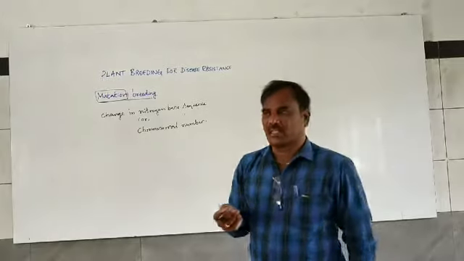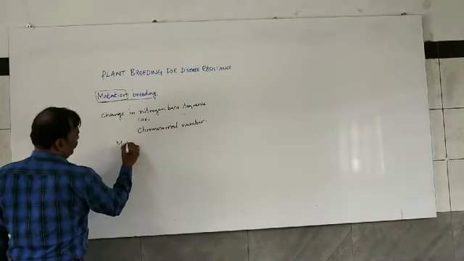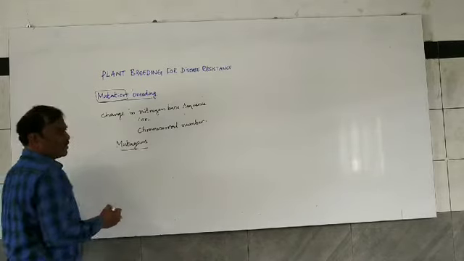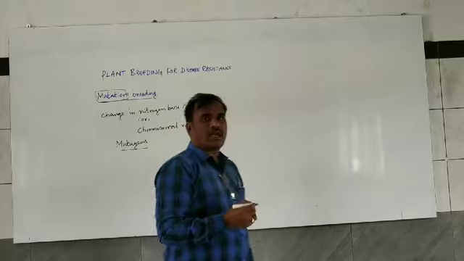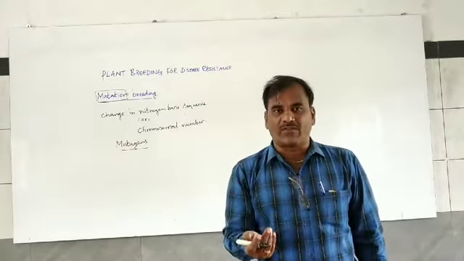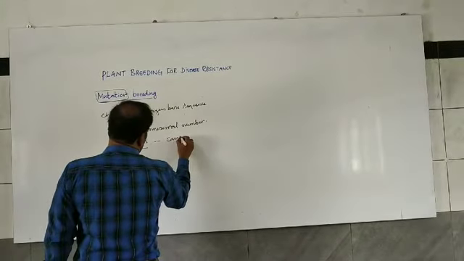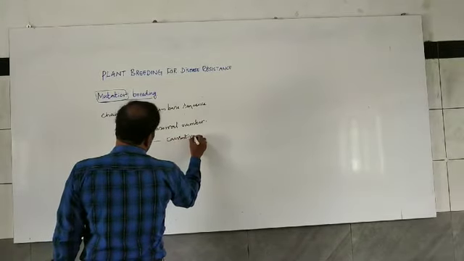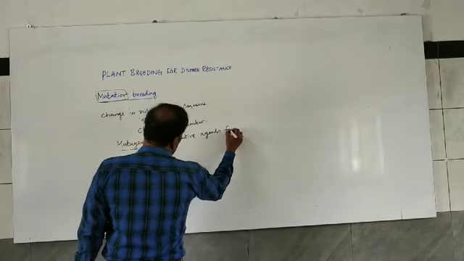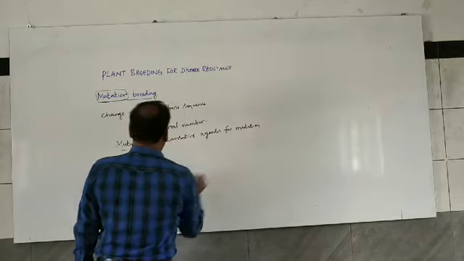Those are called mutagens. The causative agents or substances for mutation are called mutagens.